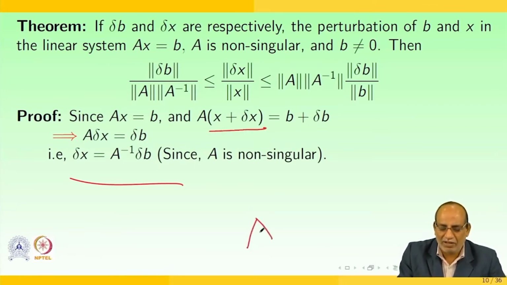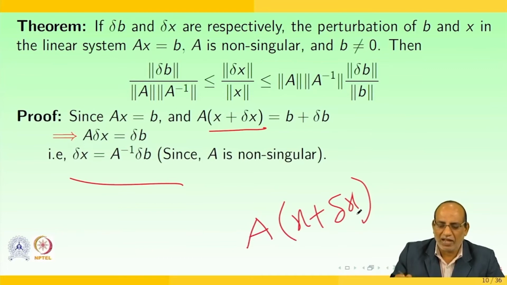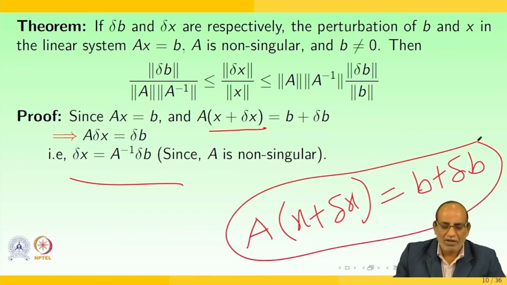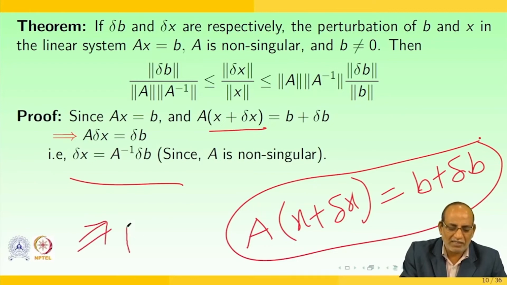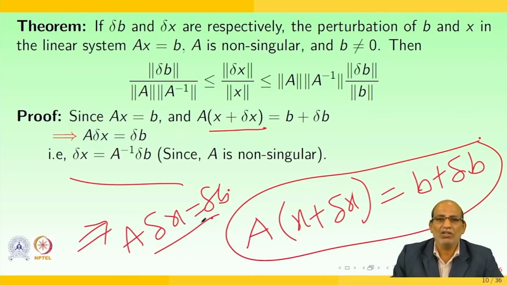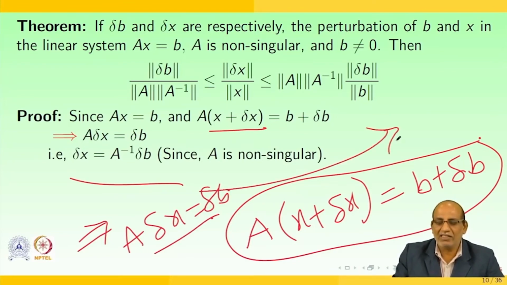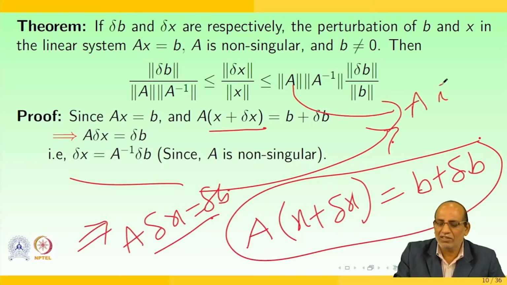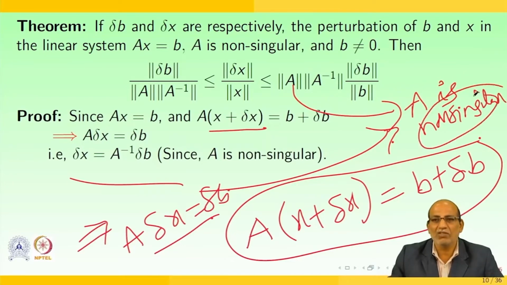That means A times (x plus delta x) will be equivalent to B plus delta B, which implies I can write this as A times delta x is equal to delta B. So we can write delta x is equal to A inverse of delta B, because the matrix A is assumed to be non-singular. A is non-singular, that means the inverse exists.